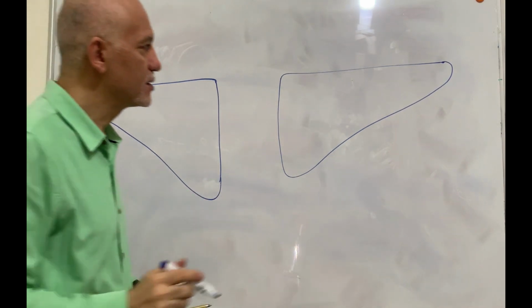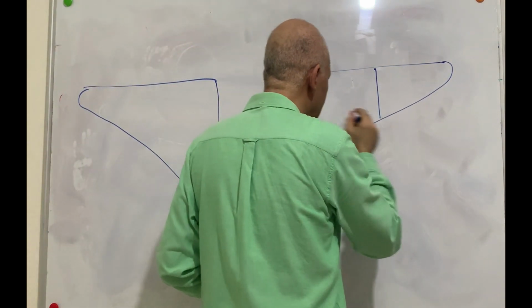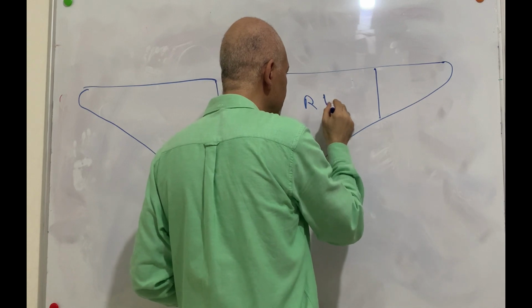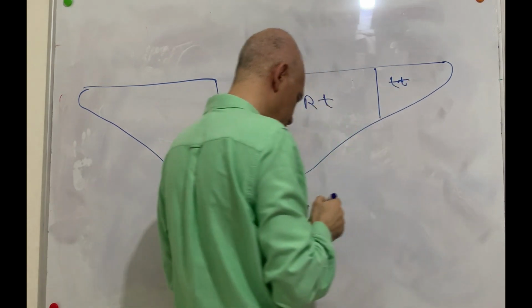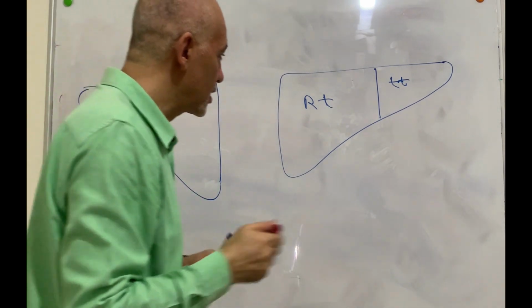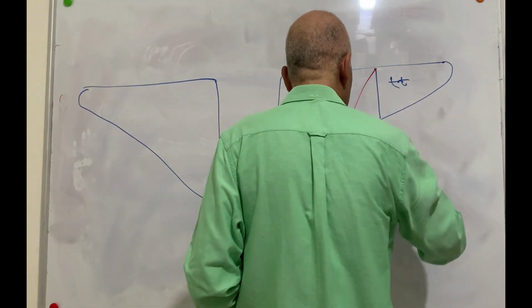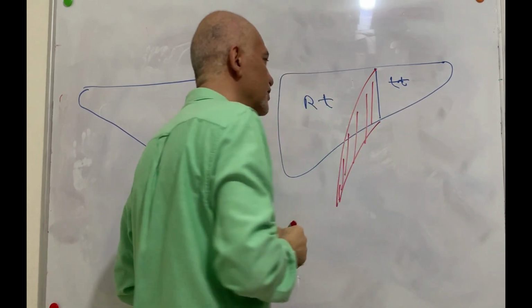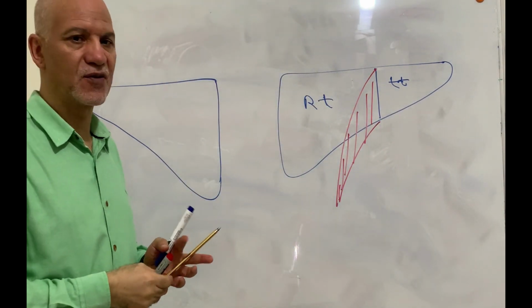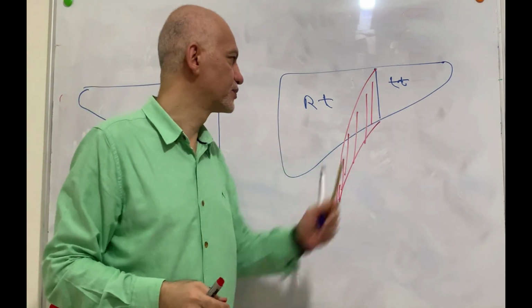In the front, between the right lobe and the left lobe, there is a fold of peritoneum called the falciform ligament, which divides the liver from the front into right and left.